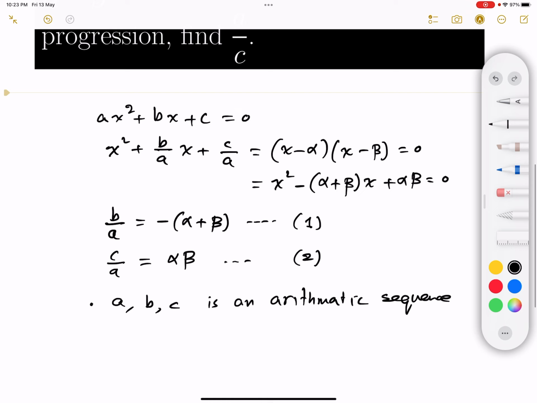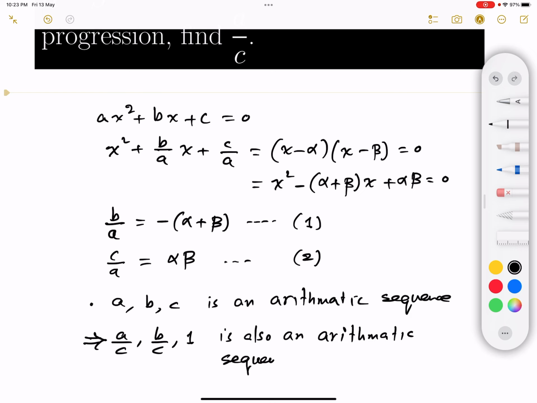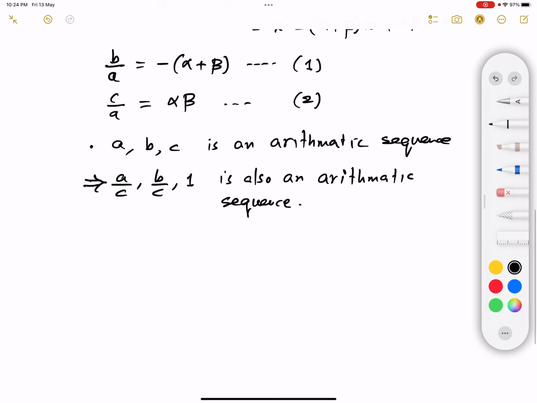So if a, b, c is an arithmetic progression, then if we divide all the elements by c, then a over c, b over c, and 1 will also be an arithmetic sequence.